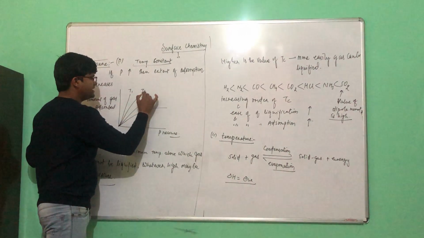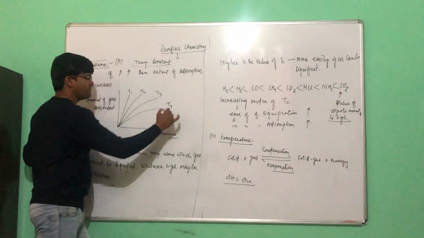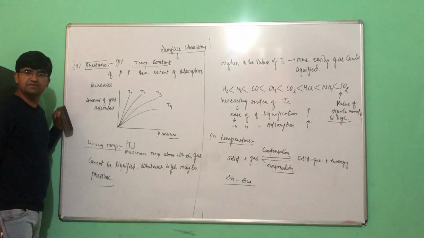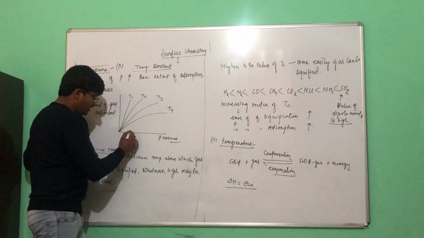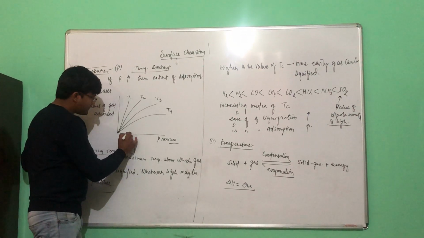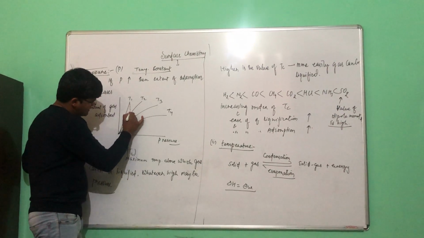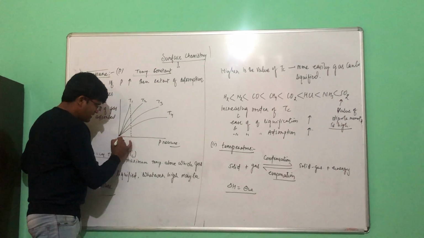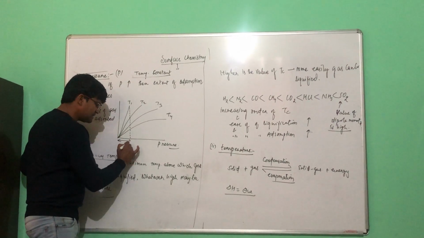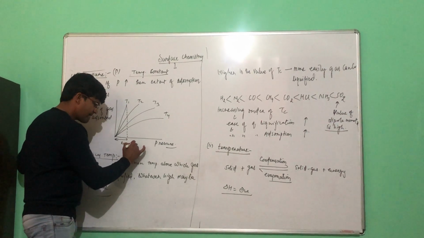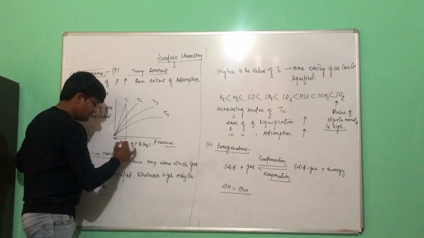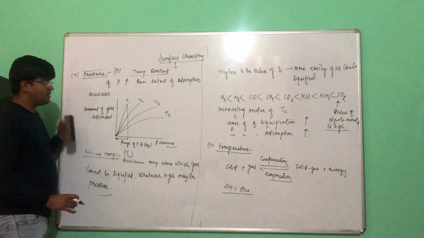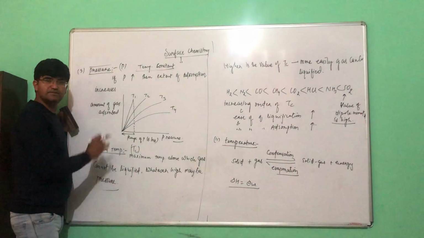See, T1, T2, T3, T4. These are the different constant temperatures at which we can study the amount of gas adsorbed. For example, in the first case, the range of pressure is small, but the amount of gas adsorbed is very high.